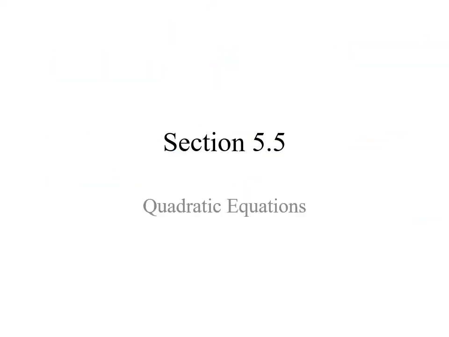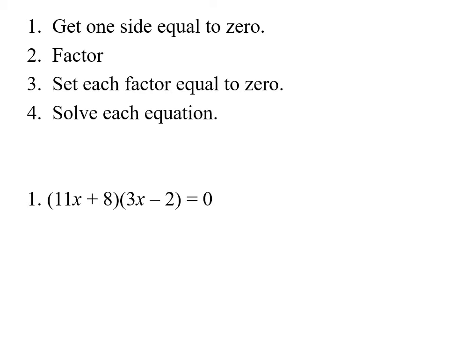Now, all of that was sections 5.1 through 5.4 kind of all put together. The last part of chapter 5 is quadratic equations, where we will take an equation that has to be factored to solve it. So what we want to do is get one side equal to 0.